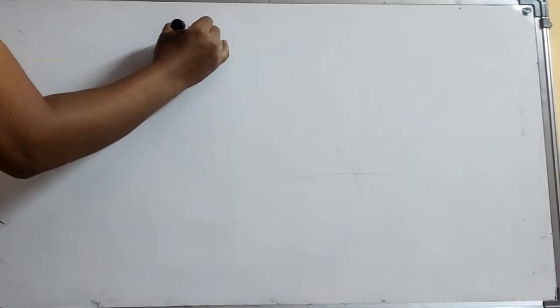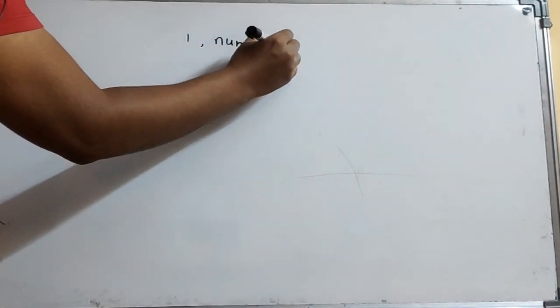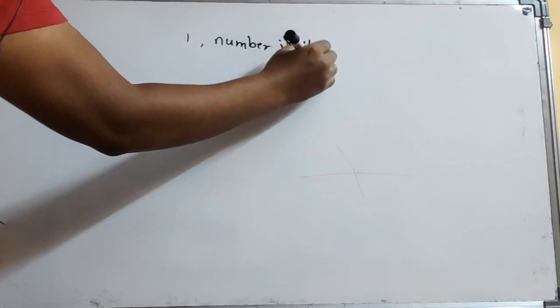Now every number has got two factors, compulsory two factors. Which are those? Every number has a factor 1 and the number itself.